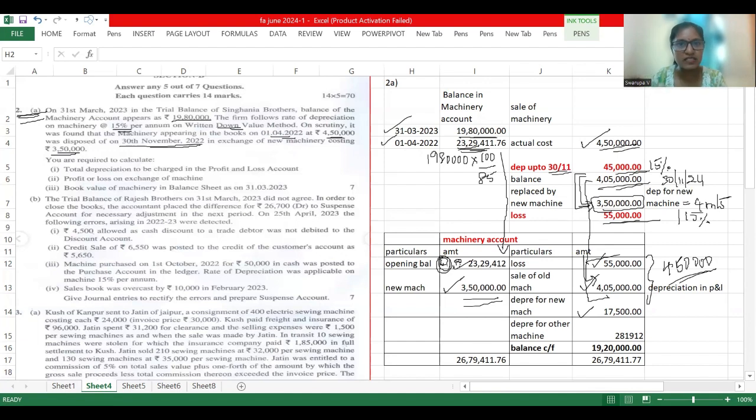So for the balance quantum of machinery, we need to calculate depreciation at 15% for 12 months. So that is being calculated over here and we have to give a credit for the depreciation. So once you post all these entries, you will get the balancing figure, which is the balance carried forward.